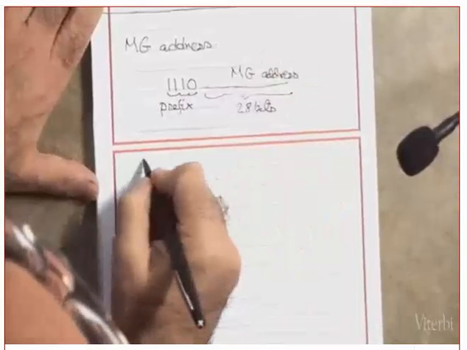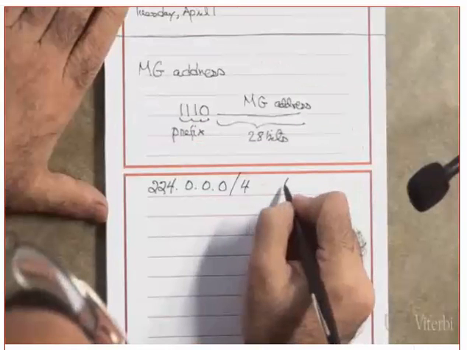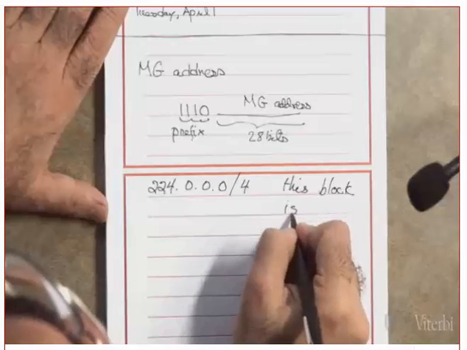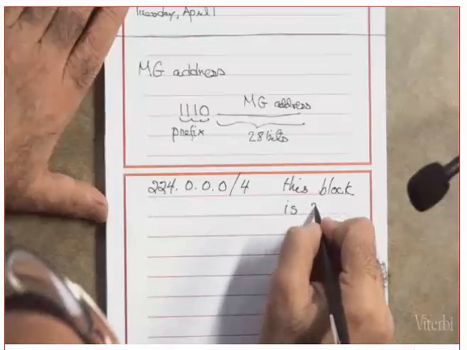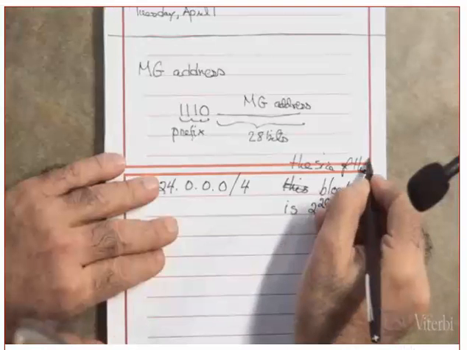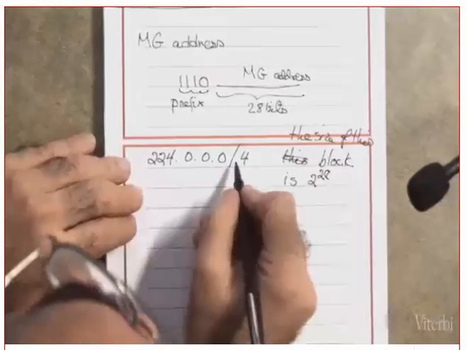Some addresses are for specific cases. 224.0.0.0/24. What does this mean?